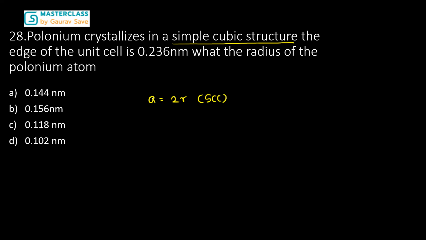Now polonium's edge length they have given, which is 0.236 nanometer. So radius is being asked. So radius is equal to a upon 2, which is 0.236 upon 2. So once we divide it, we'll get 0.1118, and the correct answer is option C.